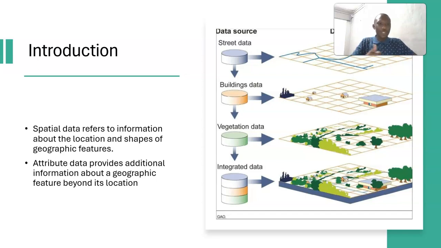As I mentioned, we have residential buildings, commercial buildings, malls, etc. So you need to be able to give more context as to what that feature is. And giving that context requires you to use a different kind of data which does not occupy space, but rather is stored in a table. And that data is called attribute data. By definition, it provides additional information about a geographic feature beyond just the location.